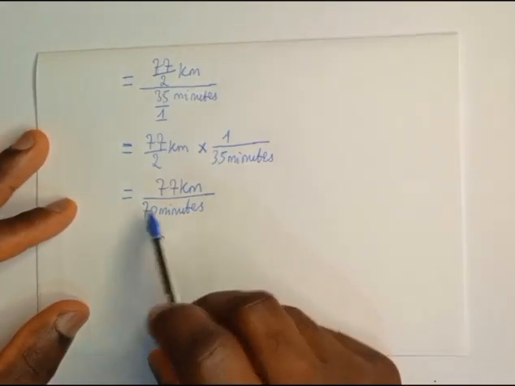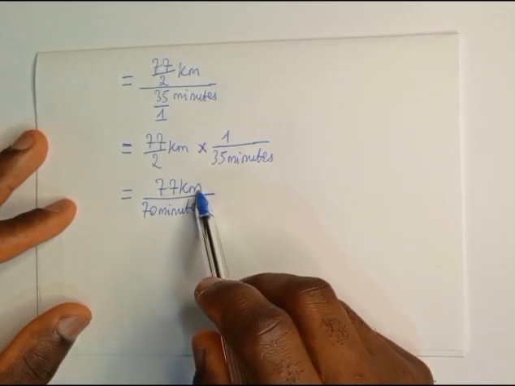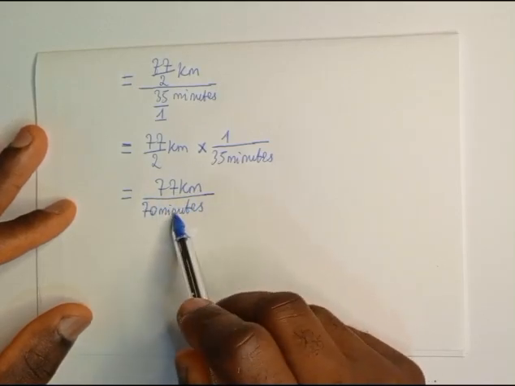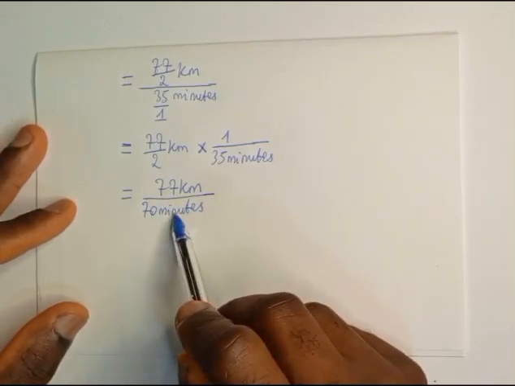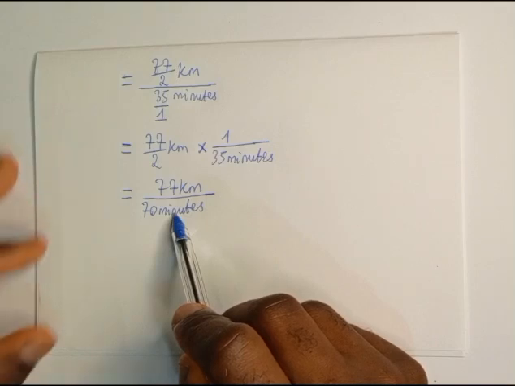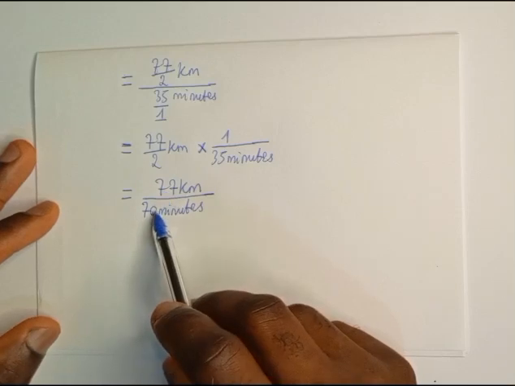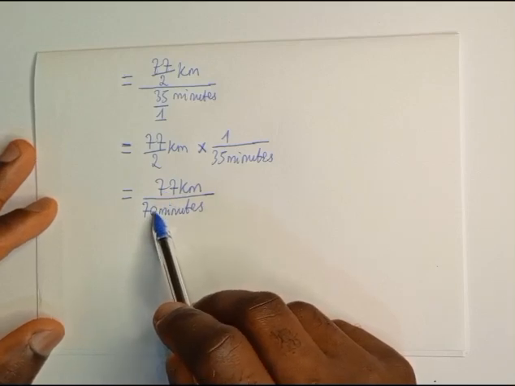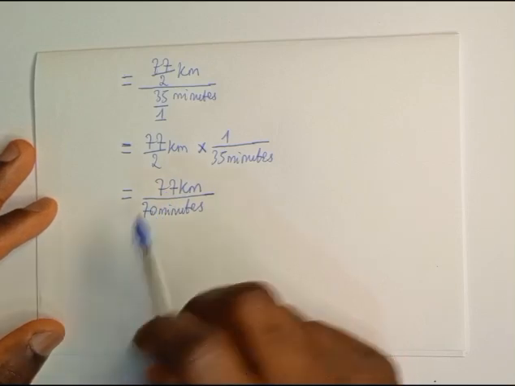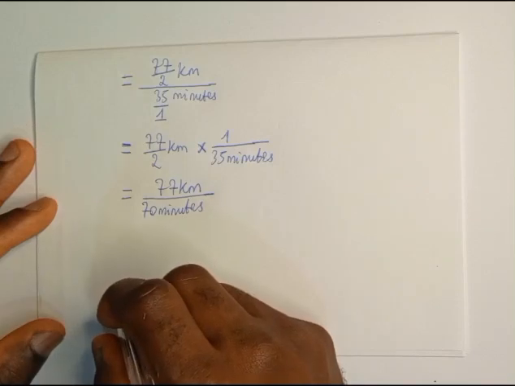This will give us a rate of 77 kilometers all over 70 minutes, which means in 70 minutes, the car covers 77 kilometers. Now we need to express 70 minutes in hours, so as to get the rate in kilometers per hour.